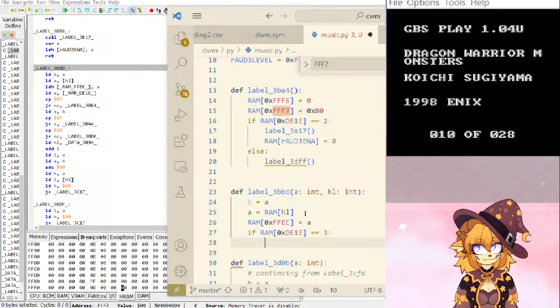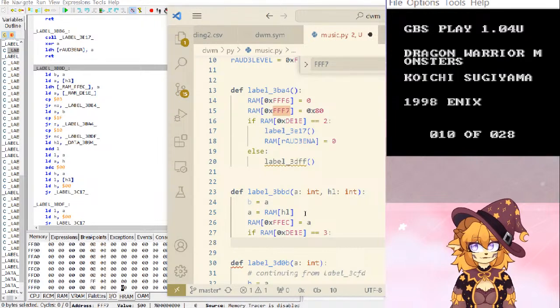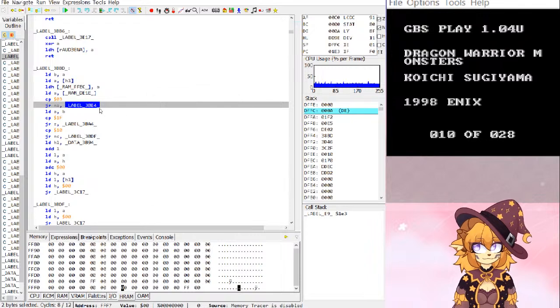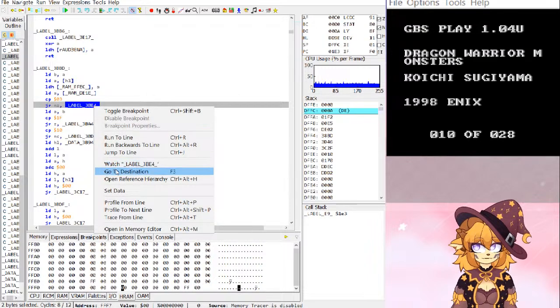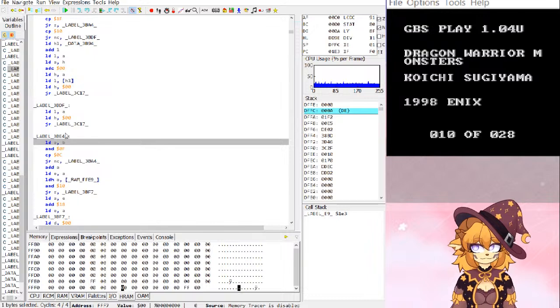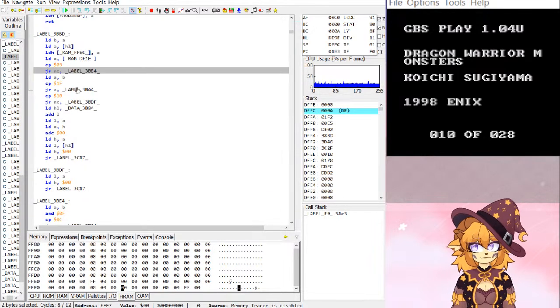Equals 3. Reference hierarchy, just this one. Destination. Yeah, so it's unique to inside here.